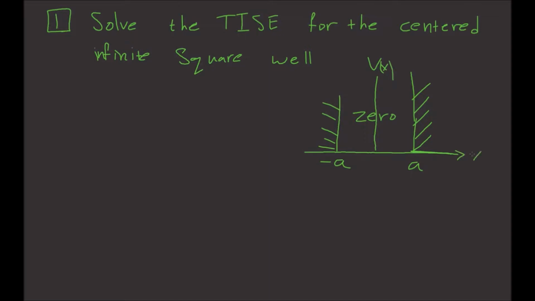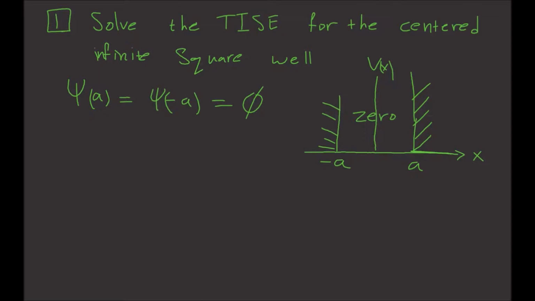This is x. This is almost identical to the one we did earlier in video number 8, but here the boundary conditions are different. Here the boundary conditions tell us that psi of a must equal psi of minus a, and they both equal 0.